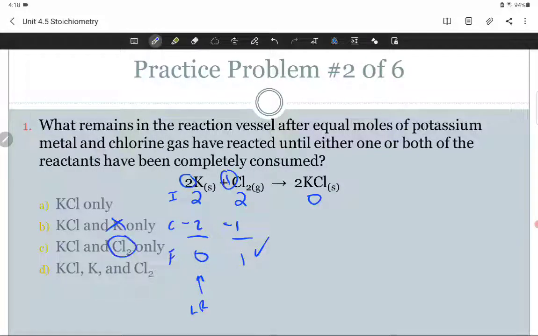So possible, possible, not possible. Oh, we've already canceled out the K. So I think we have our answer now without even figuring this out, because I think we have to be able to produce KCl because it's a product. So we definitely liked KCl, but of these 4 answers, the only one that we like the most is C.